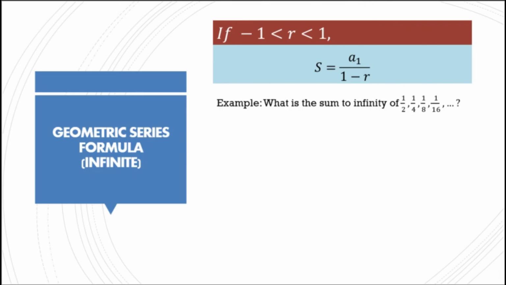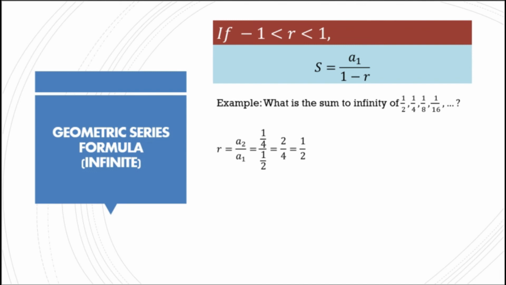Let us have an example. What is the sum to infinity of 1/2, 1/4, 1/8, 1/16, and so on and so forth? Well, let's check first if the value of r is in between -1 and +1. We can use the formula a sub 2 over a sub 1 in identifying the value of r.